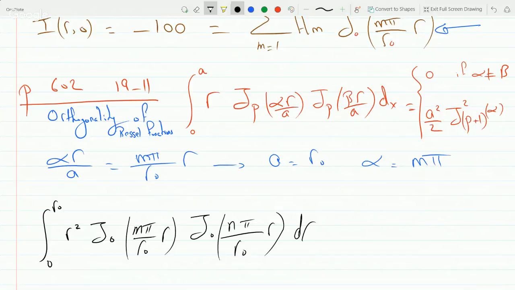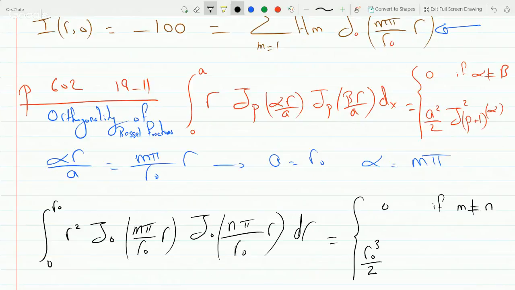According to my relation, this equals, I'm not applying it yet, I'm just writing it out, 0 if m does not equal n, and will equal r0 cubed over 2, because I have an additional r factor here.